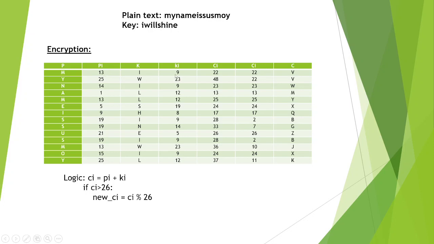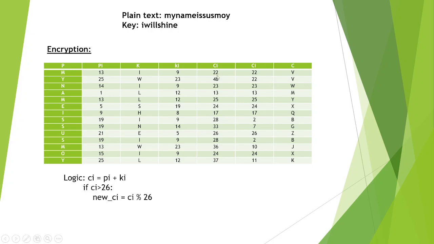So 13 plus 9 equals 22. I write this here. Then 25 plus 23, 48. I write this here. Then 14 plus 9 equals 23. I write this here. 1 plus 12, 13. I write this here. 13 plus 12, 25. I write this here. So for all of these, I write like this.